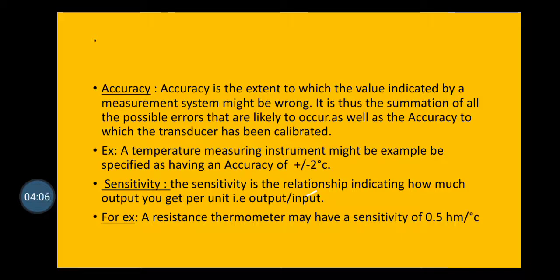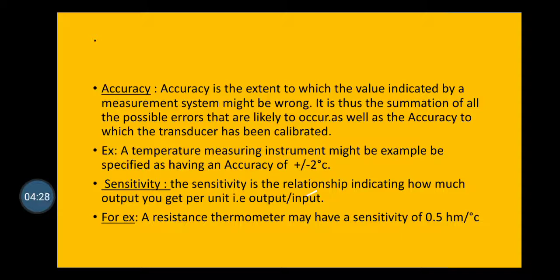For example, a temperature measuring instrument might be specified as having an accuracy of plus or minus 2 degrees Celsius.